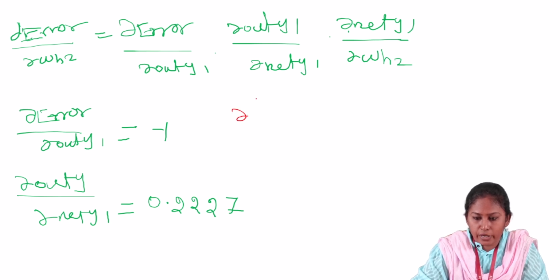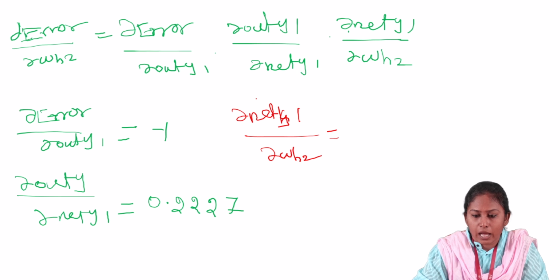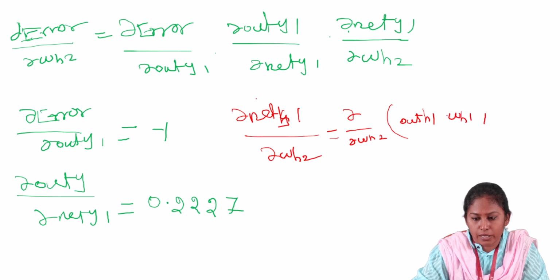So ∂net y1 divided by ∂WH2, which is equal to, again, to calculate y1 we use the same formula as the previous one, ∂WH2 into out H1 into WH1 plus out H2 into WH2.